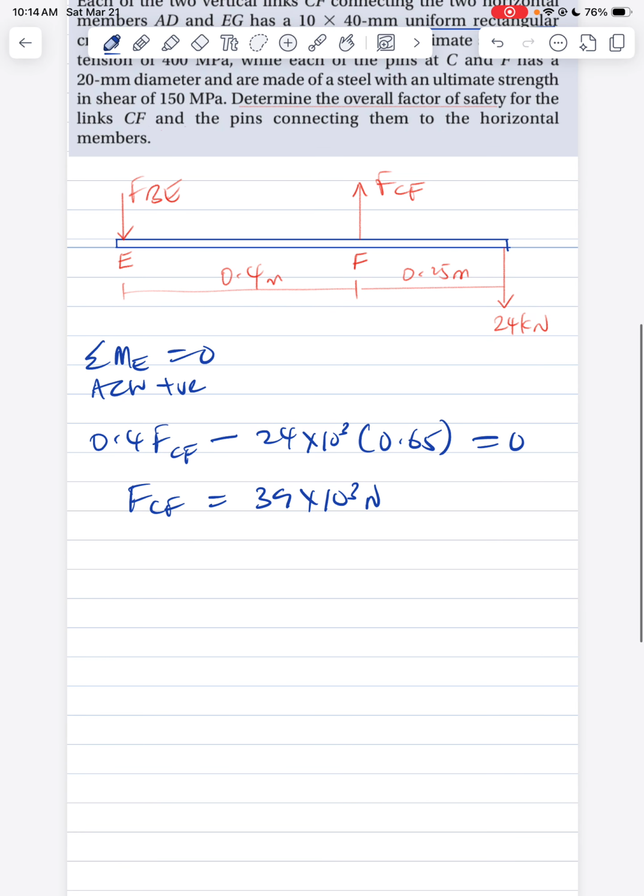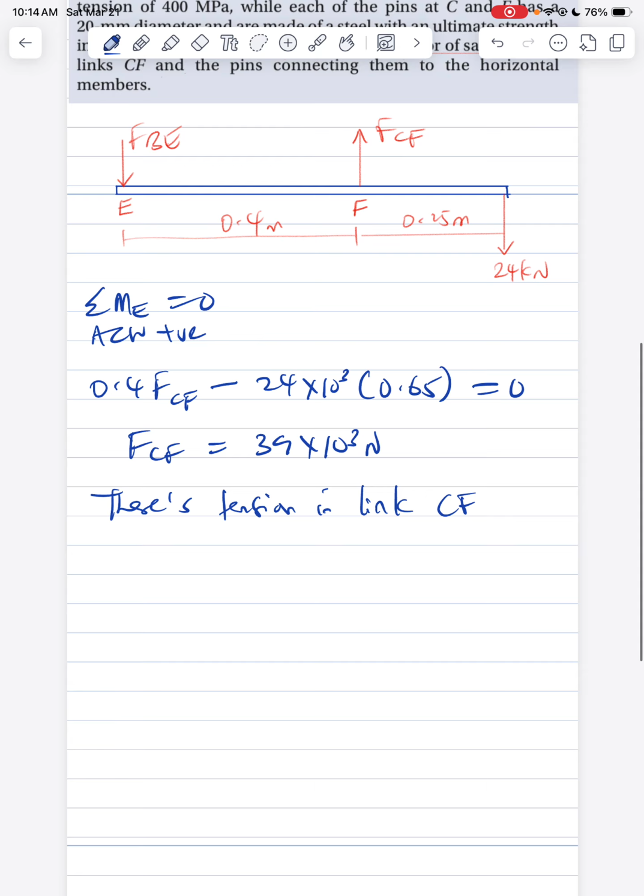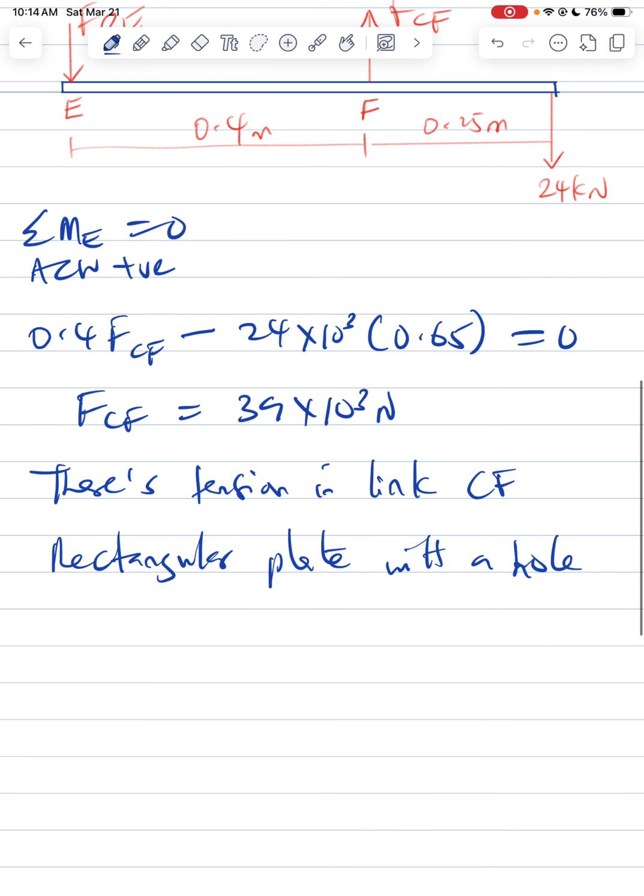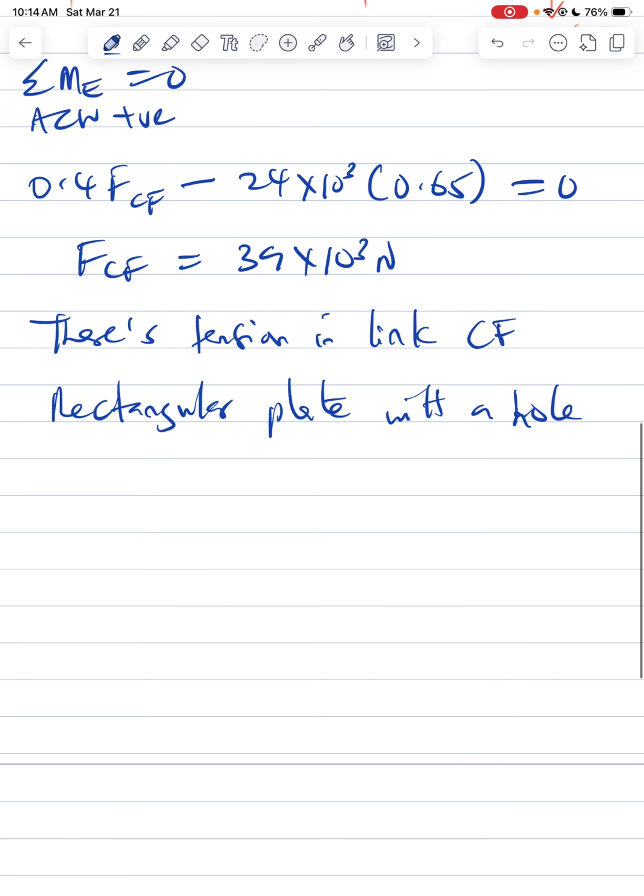Remember from the problem, you can see there is tension in link CF, it's pulling upward. So think of that as a rectangular plate with a hole, right? Let me see if I can sketch that, something like this. There's a hole here.